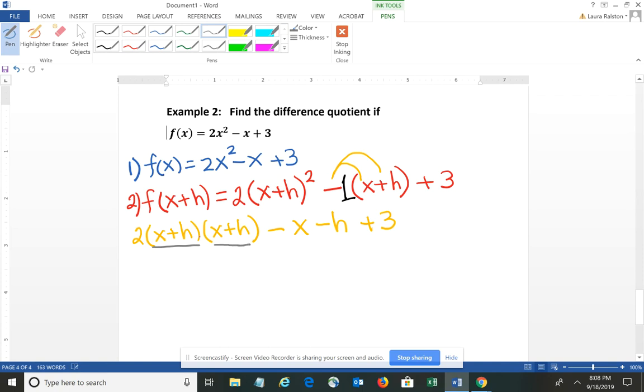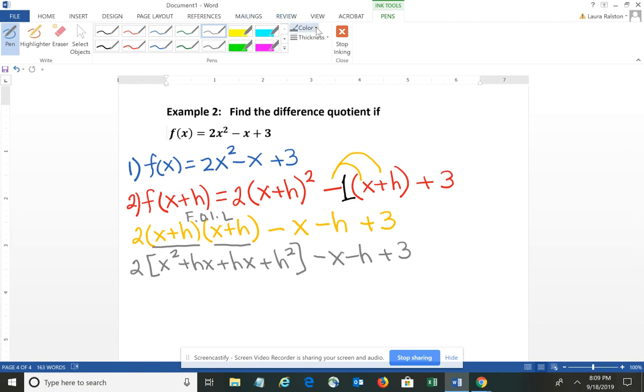Okay, so then I'm going to come back and multiply together the x plus h and the x plus h. And again, I'm going to use FOIL to do that. So I have 2 times x squared plus hx plus hx plus h squared minus x minus h plus 3.